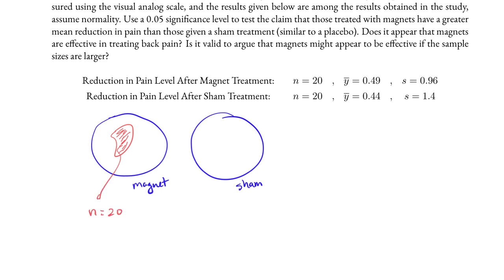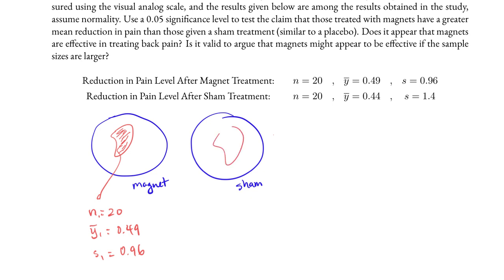The sample mean reduction in pain, y sub 1 bar, is 0.49, and the standard deviation s sub 1 is 0.96. We include the subscript 1 to distinguish sample 1 from sample 2.